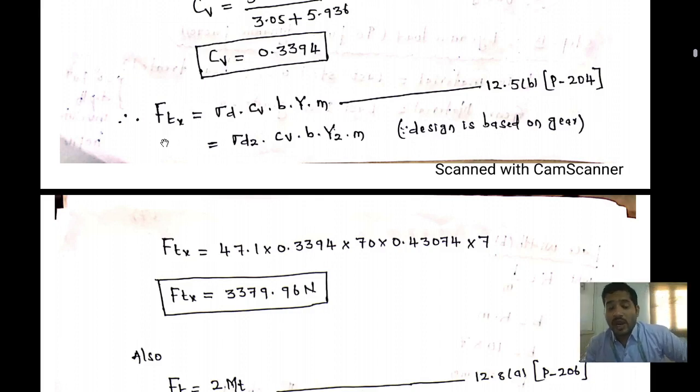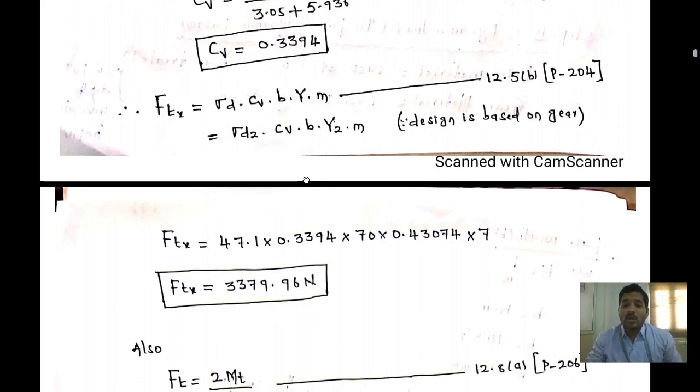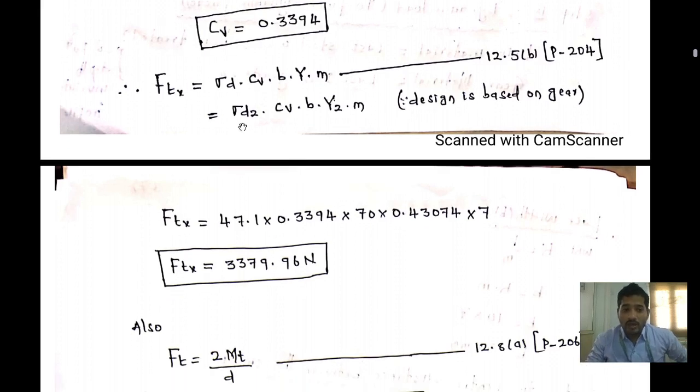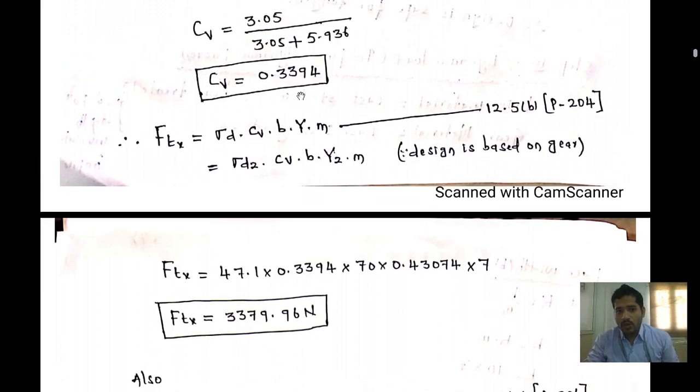For that reason we use the tangential force formula: sigma d2, the static strength of the gear, into velocity factor, into face width, into form factor, into module. Clear? So we are designing based on the gear. Sigma d2, the static strength of the gear, is 47.1, and the velocity factor we got just now is 0.3394, into face width, which we already found, 70.